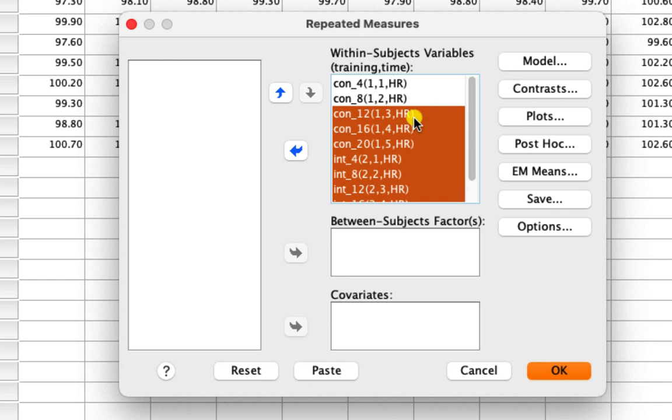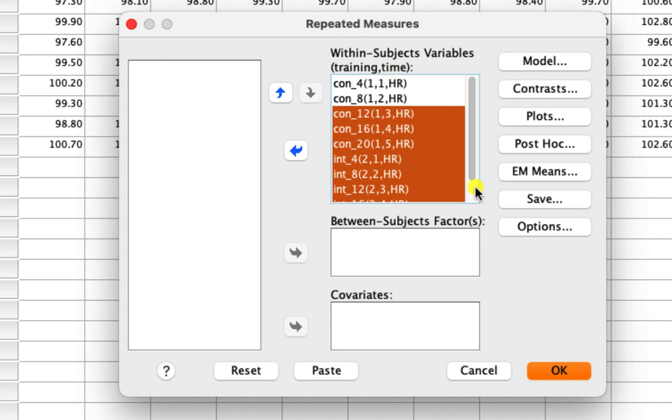The one thing you want to be careful about is if maybe you put time in first, then you're going to have 2 sets or 5 sets of 2 because time would have been listed first and then training. So the order that you define your variables does matter because that ends up being the order they show up in the parentheses here.